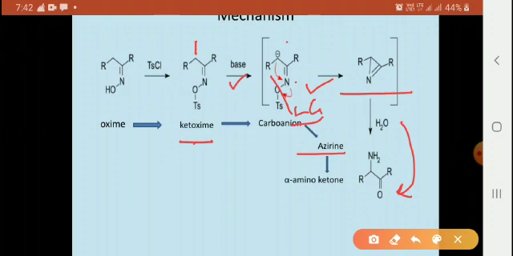Ketoxime is the starting reactant. We get the ketoxime by the reaction of oxime with toluene sulfonyl chloride. See the reaction.